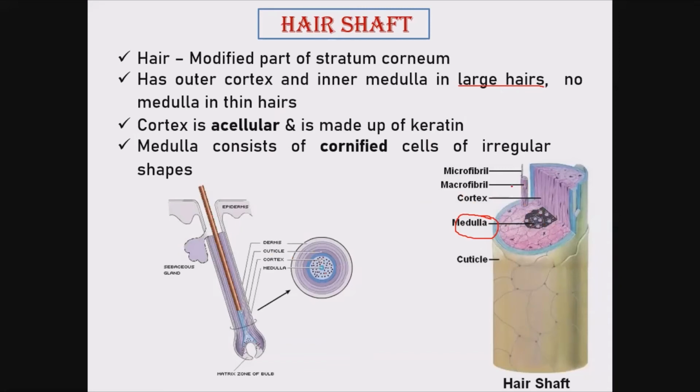So these are keratin fibers, actually micro and macro fibrils. The medulla consists of cornified cells of irregular shapes. It is present mainly in thick and long hairs. The cortex surrounds it and contains keratin. It is completely acellular, so keratin is present only in the cells, and nuclei are absent. Inside, in the medulla, we have cornified cells of irregular shapes.